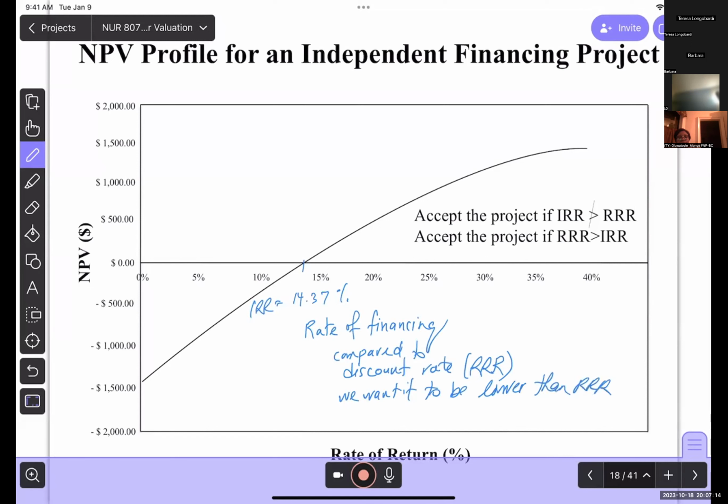So we want it to be lower than the discount rate or the required rate of return set by the corporation or the firm. As long as the firm has a required rate of return greater than 14.37, they should pursue the project.